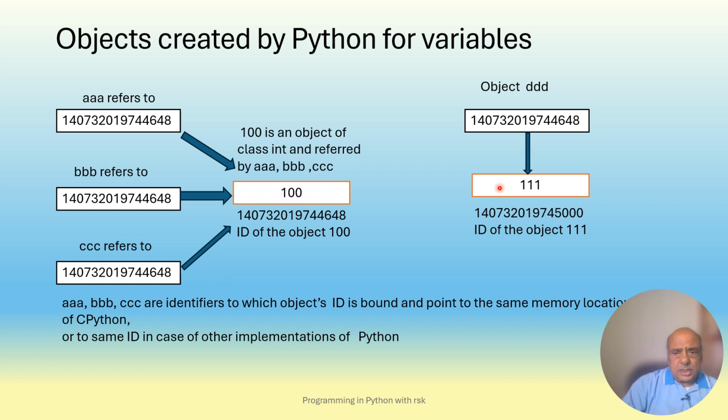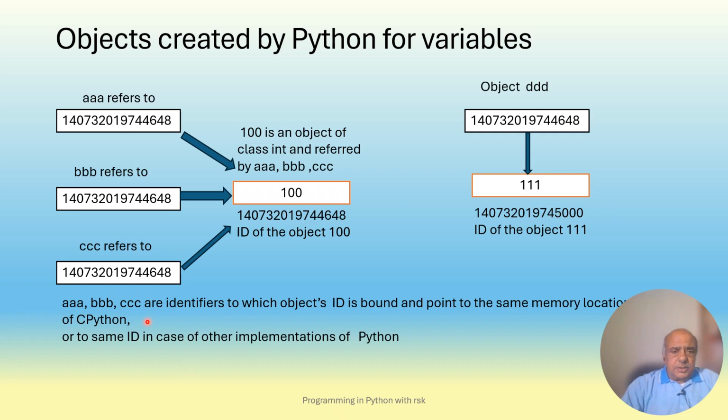Whereas another object is created when we assign DDD the value 111, and that object ends with 5000. So DDD, earlier it was referring to this, now it has started referring to 5000.